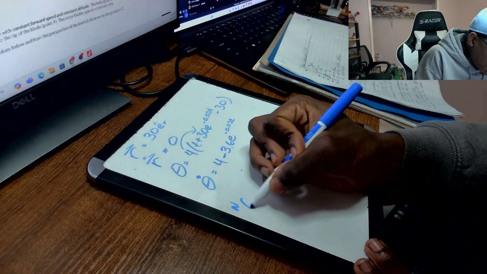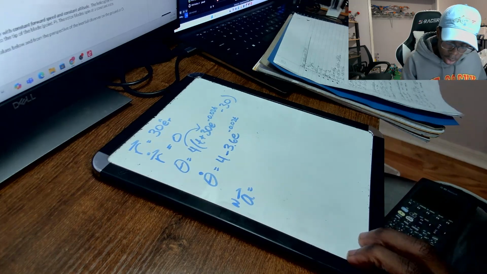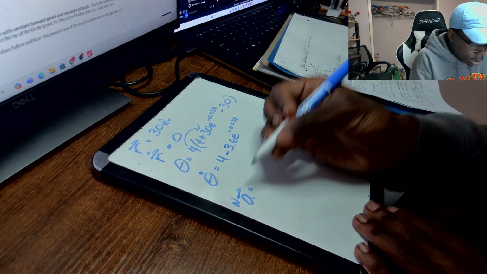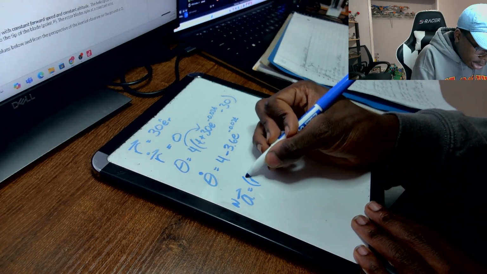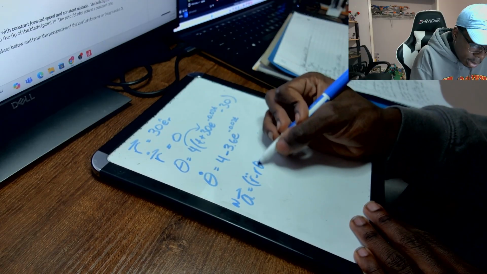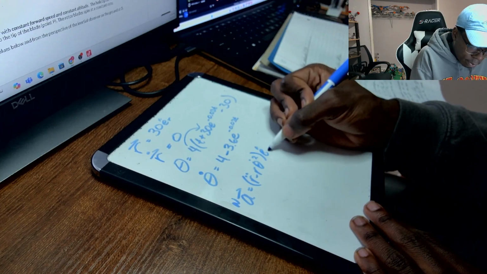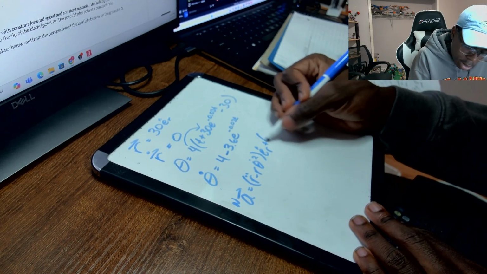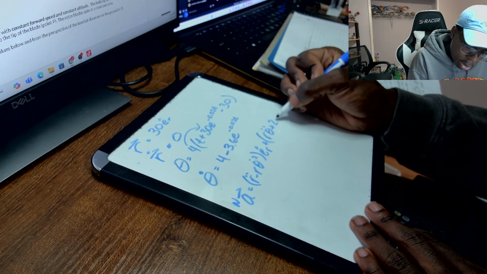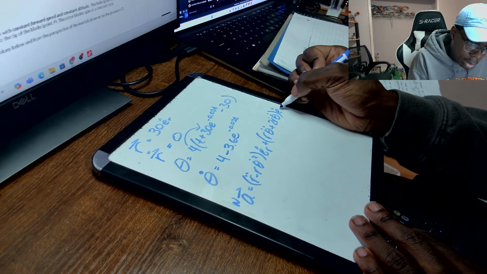So we'll write in our a in reference frame n is equal to r double dot minus r theta dot squared er plus r theta double dot plus 2 r dot theta e theta.